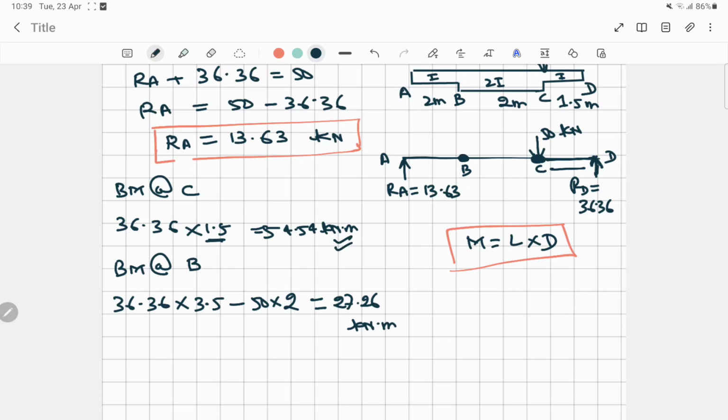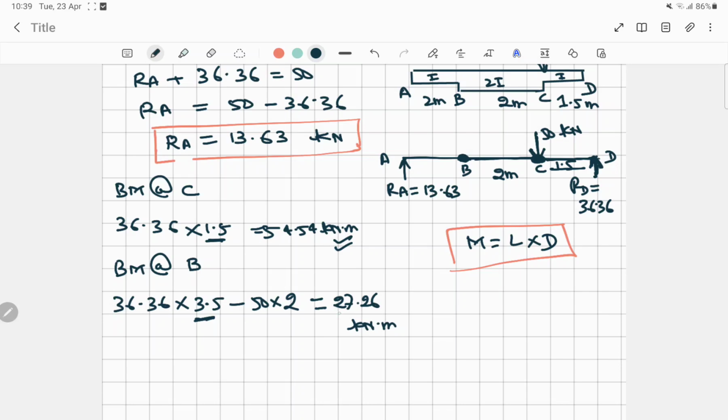Now again we have to find the bending moment at B point. So at B point, this load will act and it will cover a distance of how much? This one was 2 meter and this one was 1.5. So total will be 3.5. Again one more load is acting here, 50, and to reach at this point how much distance it will cover? 2 meter.